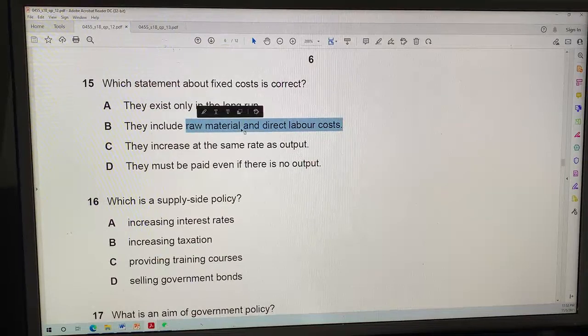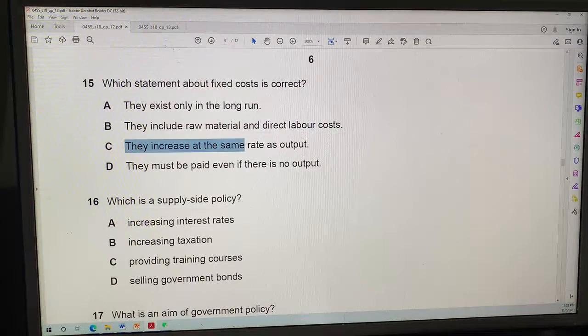No, raw material and direct labor are variable costs. And C says they increase at the same rate as output. No, the fixed costs are fixed. They stay the same, regardless of output. So D must be true.